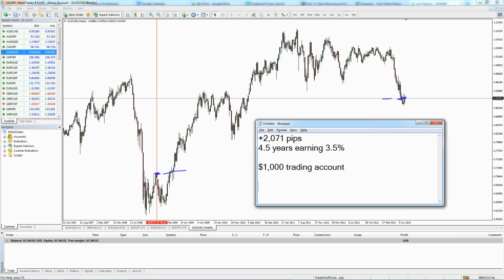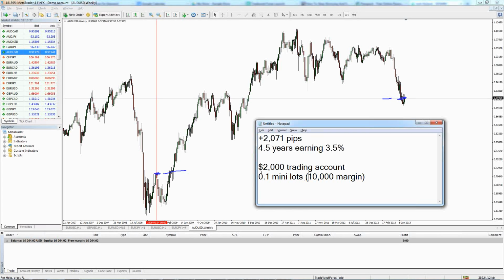But let's say you had 2,000 and you traded a mini lot. One mini lot is going to be 10,000 in currency for this pair.